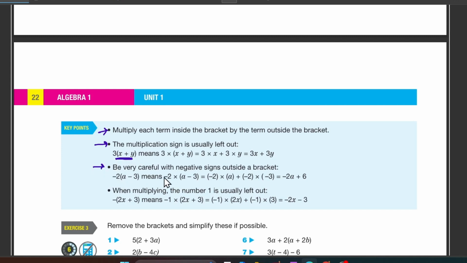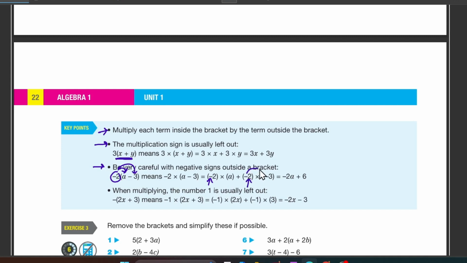Be very careful with negative signs outside the bracket. We have to multiply this whole thing with each element inside the bracket. You cannot neglect the minus sign. So see, minus 2 times 8, minus 2 times minus 3.